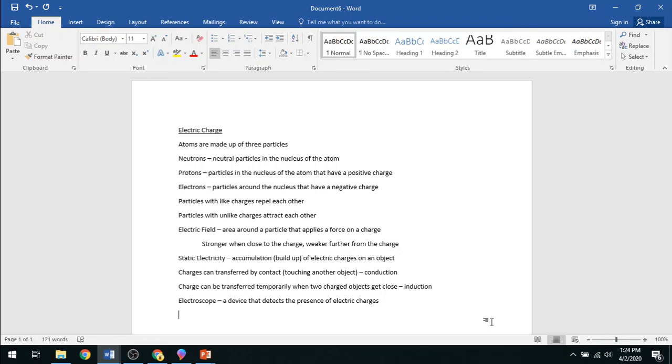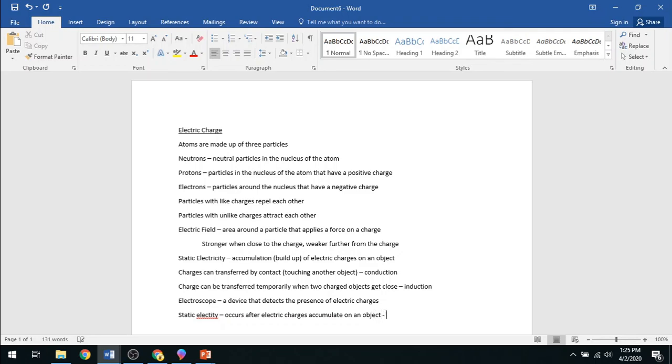So to summarize everything we just talked about, static electricity occurs after electric charges accumulate on an object.